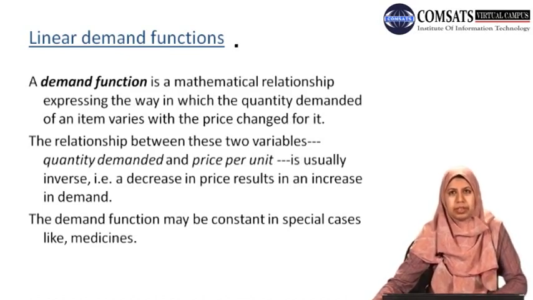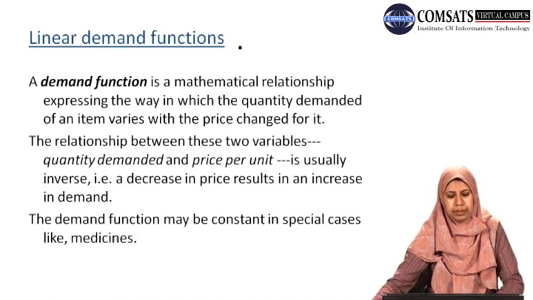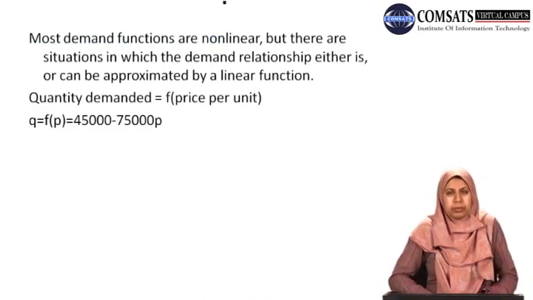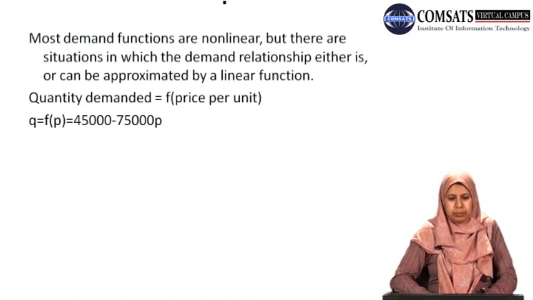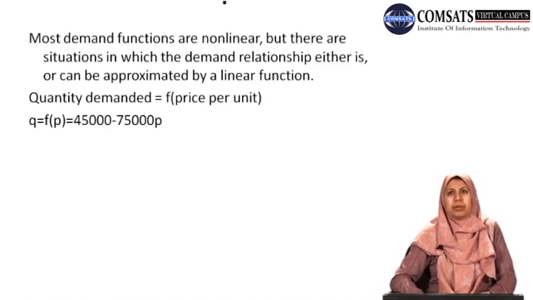So this is basically our demand function, depending upon the price and the quantity demanded. Most demand functions are non-linear, but there are situations in which the demand relationship either is linear or can be approximated by a linear function. Since the demand function depends upon the price, in this case price is the independent variable and the quantity demanded is the dependent variable.